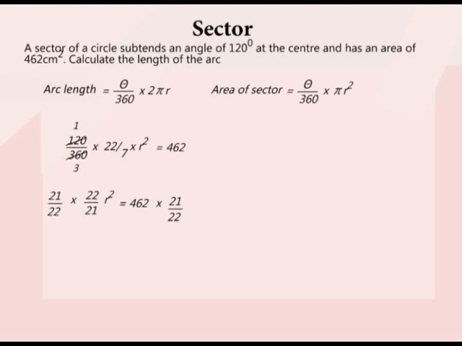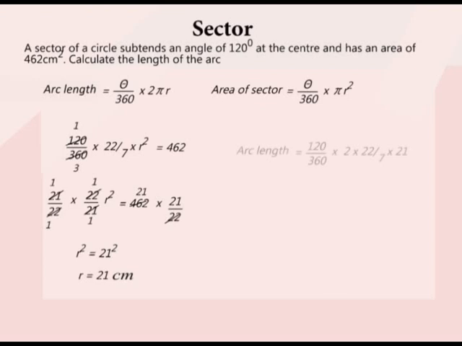So 22 cancels with 22. 462 divides by 22, 21 times. So we remain with r squared is equal to 21 times 21. We do not have to complete 21 times 21. We remain with r squared is equal to 21 squared. And so r is equal to 21 centimeters.